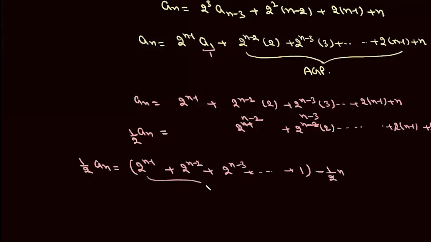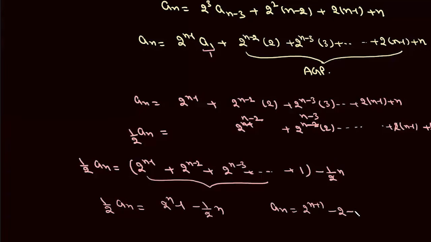Now this is nothing but a GP. So 1 by 2 A(n) will be 2 to the power of n minus 1 minus 1 plus n by 2. Now 2 will cancel. So we'll get this A(n) as 2 to the power of n plus 1 minus 2 minus n. So this is the nth term of the sequence given by this recurrence relation.